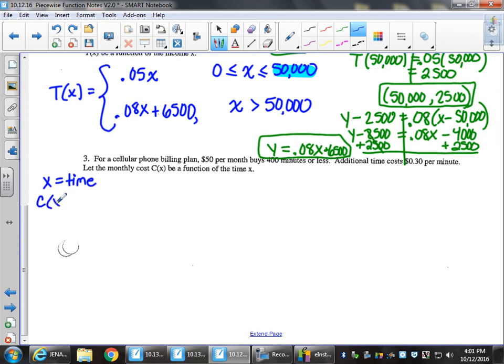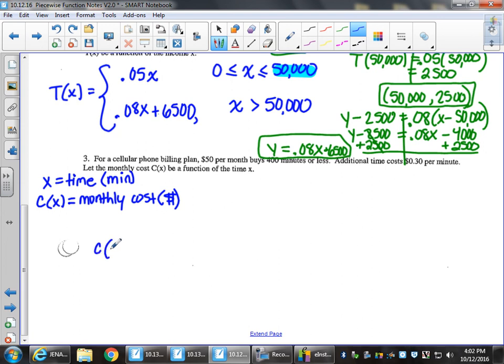C of X is the monthly cost. And keeping in mind we're talking about a monthly cost is very important, because that helps me to realize that my time is measured in minutes. Minutes, how much time you're on that phone, is what will contribute to this total for the month.